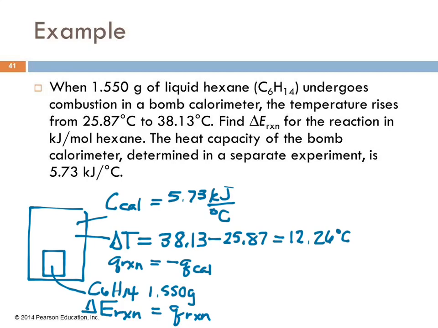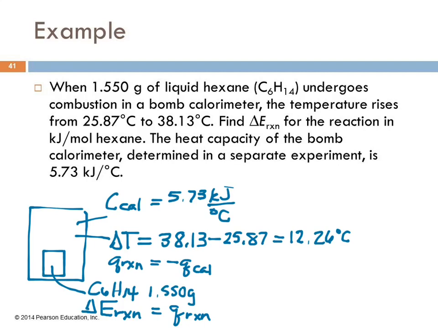calorimeter. Could we figure out how much energy was gained by the calorimeter? Let's look at what we know about the calorimeter. We have this number that's kilojoules per degree Celsius, and here we have a temperature change in degrees Celsius. What unit do we get if we multiply those? Kilojoules. Is kilojoule a unit of energy?